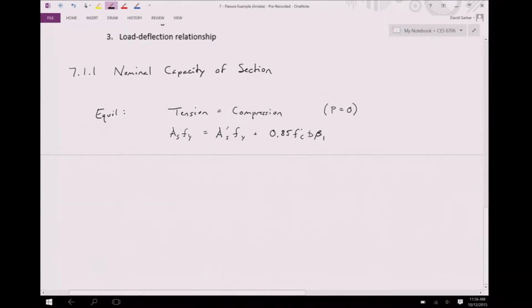And then we have our concrete compressive component, 0.85 f'c b beta 1 c. So let's just mark our assumptions. We're assuming yield here. We're assuming yield here.